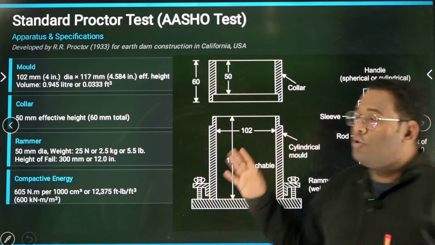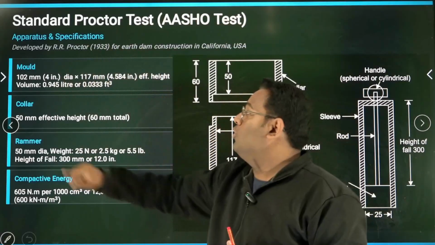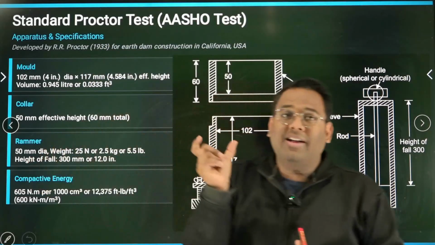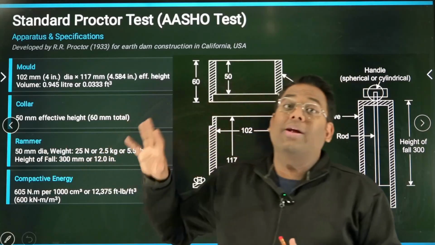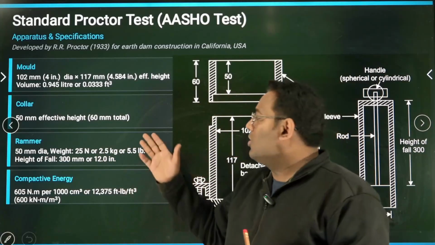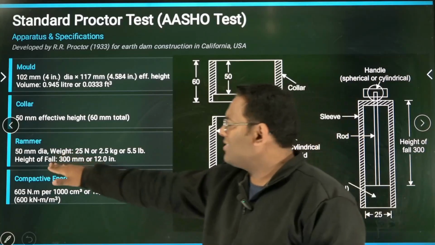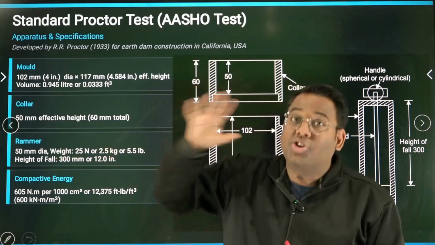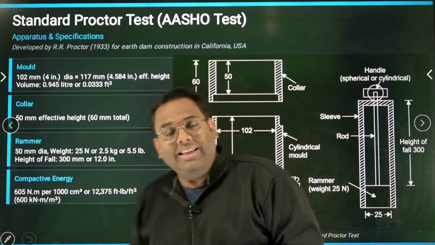And yes, if you see here, in the standard Proctor test, you use a rammer having a diameter of 50 mm and its weight is around 25 Newton or 2.5 kg mass, or you can also remember that as 5.5 pounds. Whereas the height of fall of each drop is 300 mm or you can remember that as 12 inches.